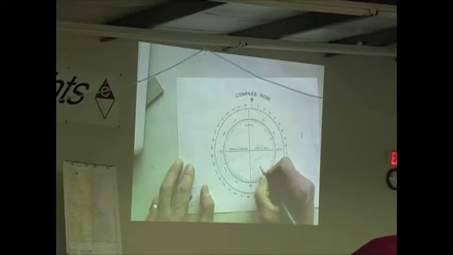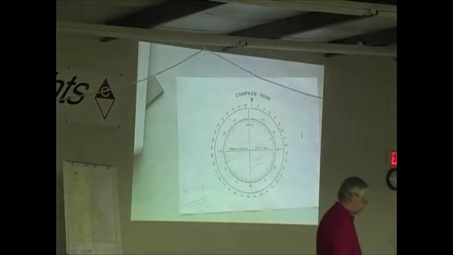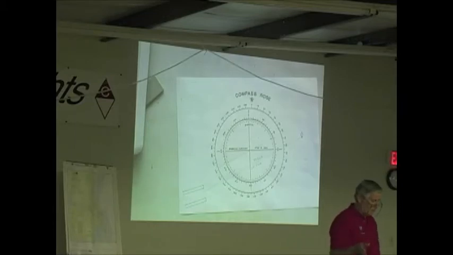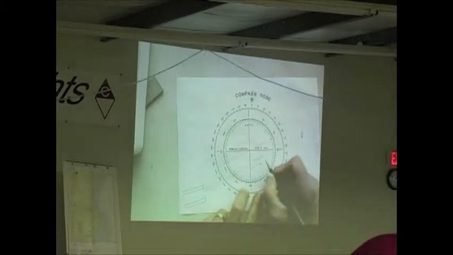And you need to make sure you either write nautical miles or statute miles, SM or NM. When you plot this, I've asked everybody to label the course and the speed and the distance, and then S equals 15.0 K or knots.